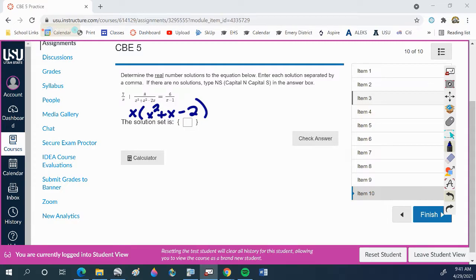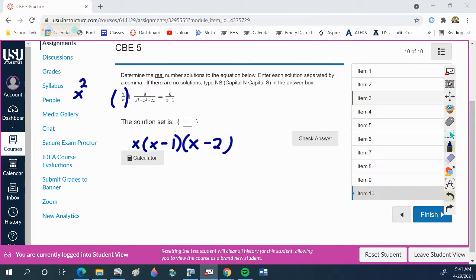It does, right? So x times x minus 1 and x minus 2. Okay? You guys get that? Now I need a common denominator everywhere. So this one needs an x squared plus x minus 2.